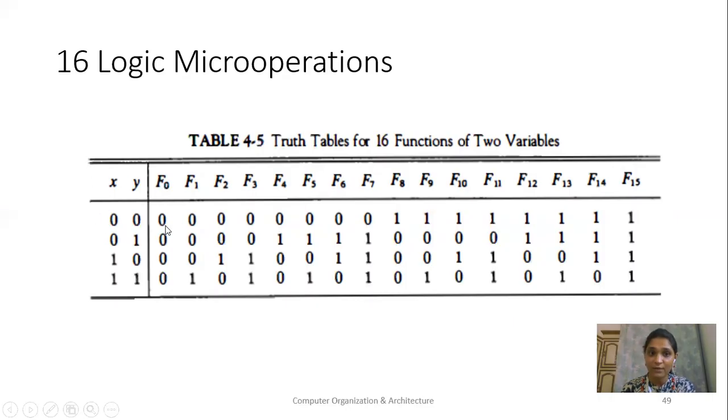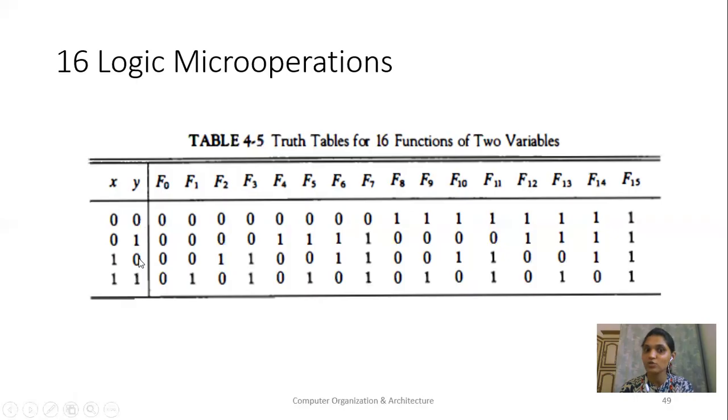For example, if you get output as function f1, that means for variables x and y you have done the operation of ANDing, x and y. If you get output function f2, then the operation you have done on the two variables is x into y dash.